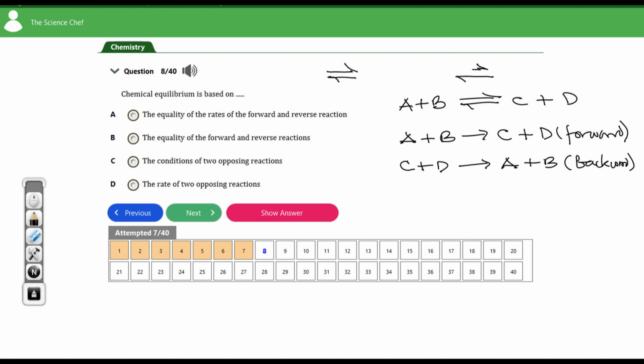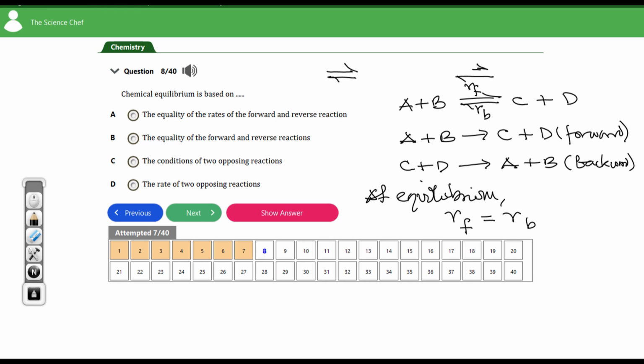So at equilibrium, let's call this RF and this one RB. At equilibrium, the rate of the forward reaction equals the rate of the backward reaction. Not the forward reaction being equal to the backward reaction, no, but the rate of the forward reaction must be equal to the rate of the backward reaction.